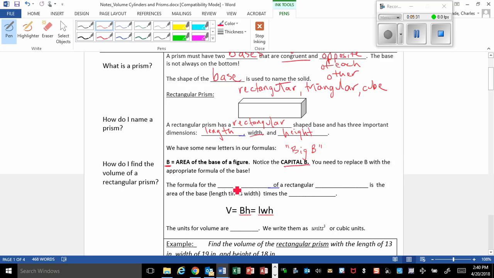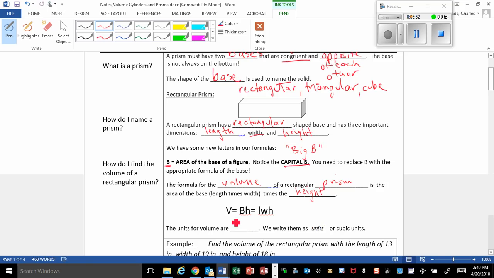So the formula for the volume of a rectangular prism is the area of the base times the height.